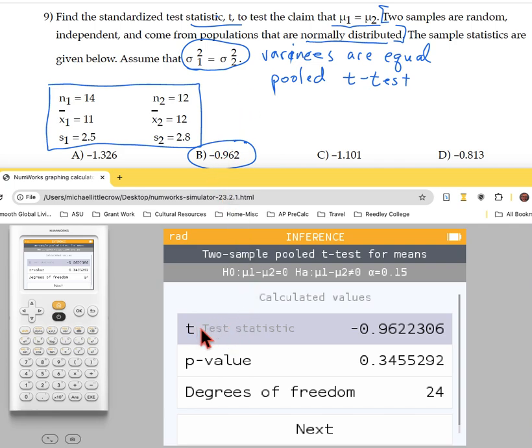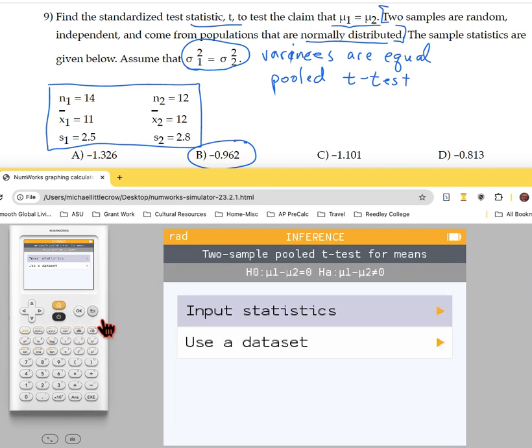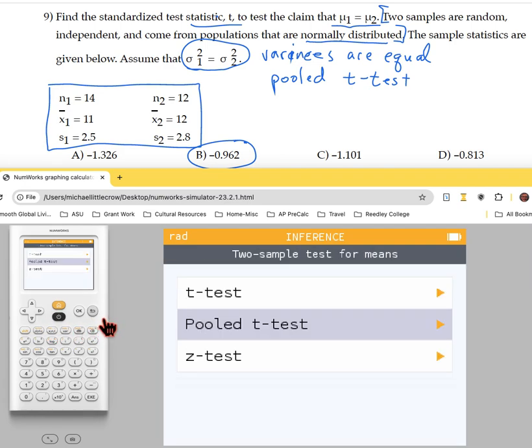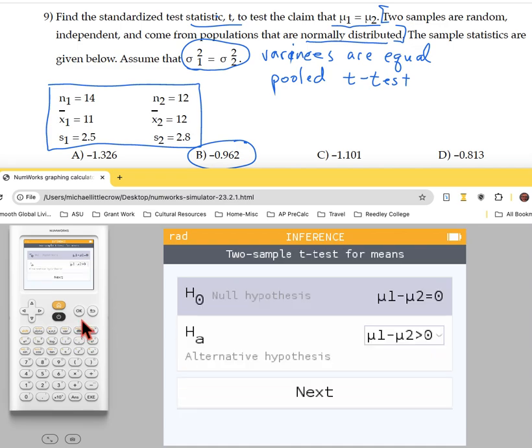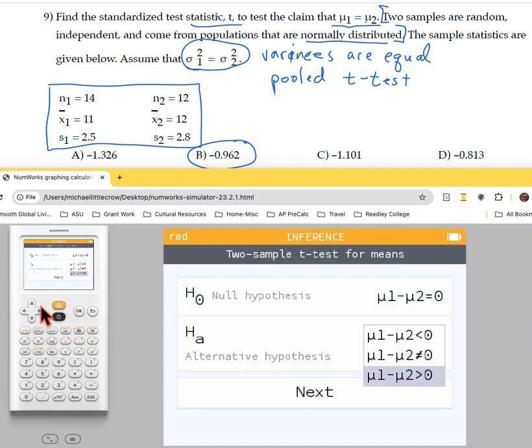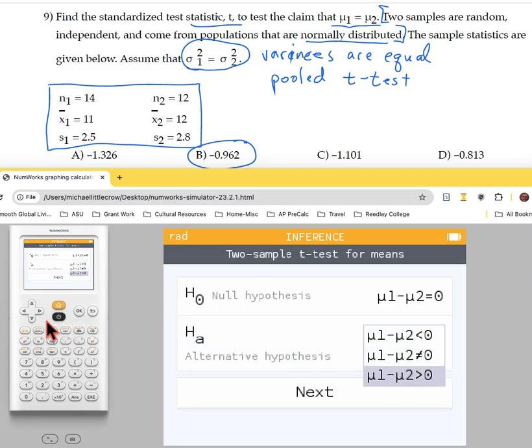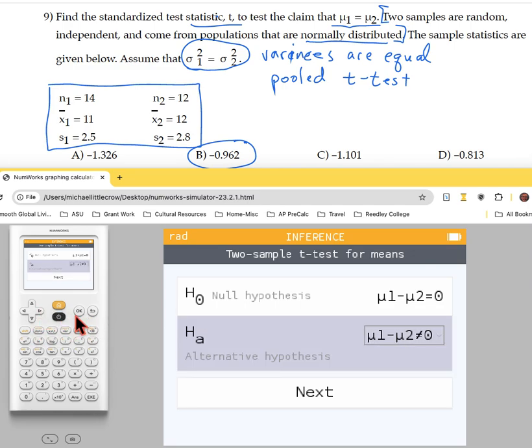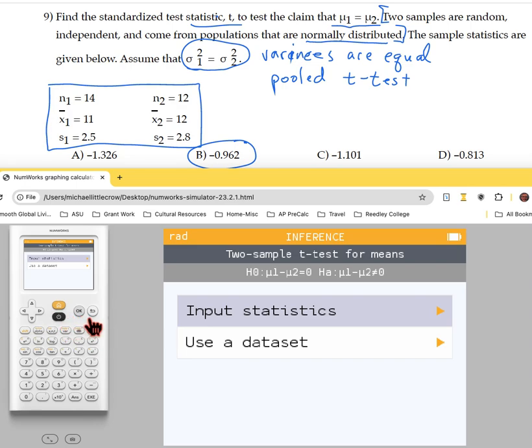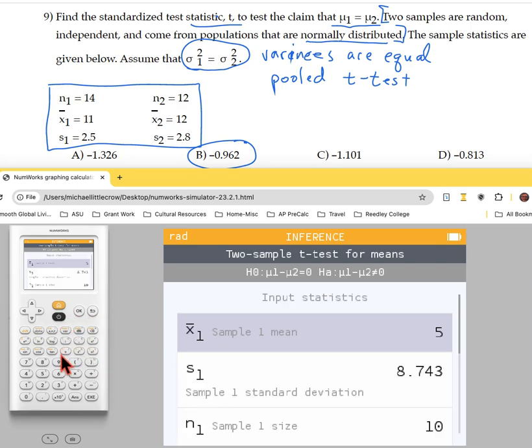Okay. One more thing. Let me back up here. I'm going to see if I can do this relatively quickly with a regular t-test. See if it copies it over. If it doesn't, it shouldn't take me too long to put everything in there. Yeah, statistics aren't the same, that didn't get copied over.